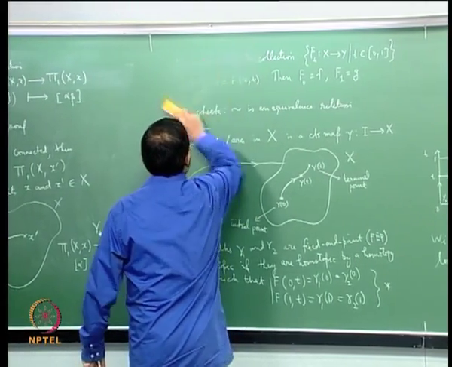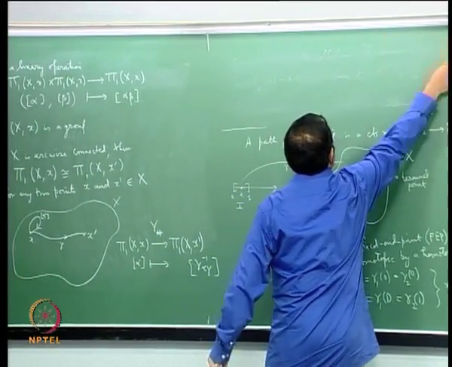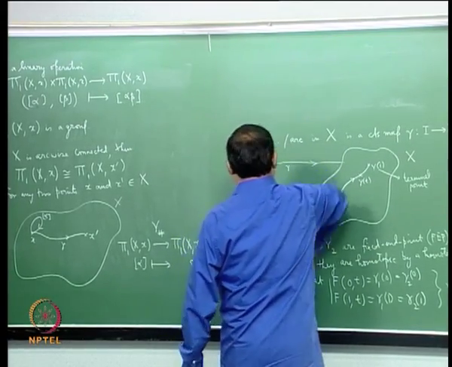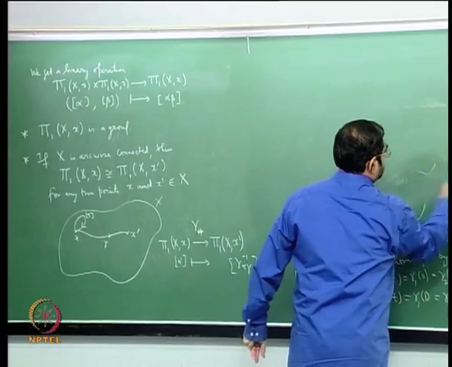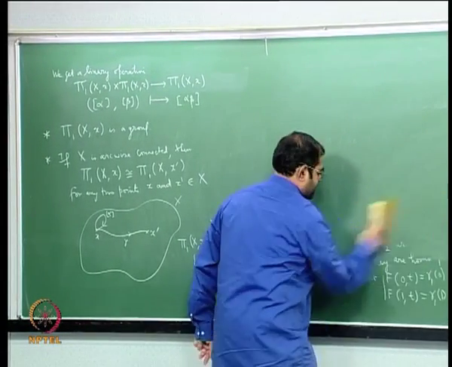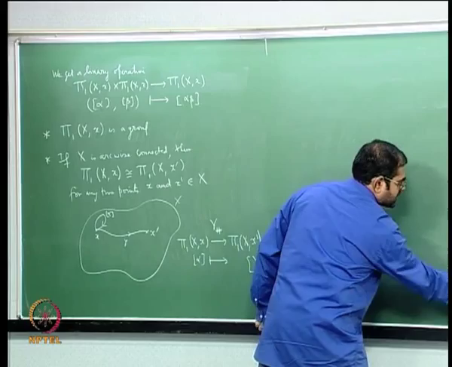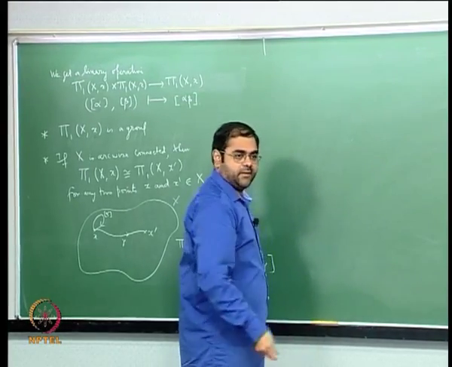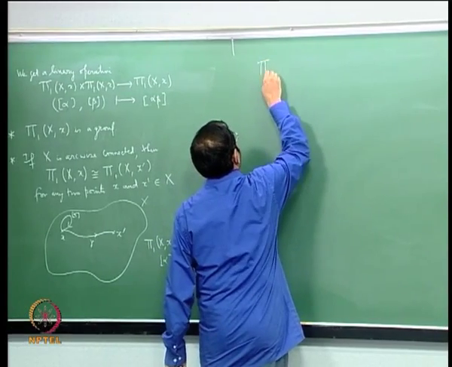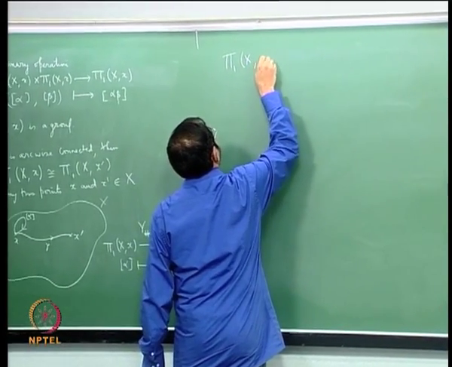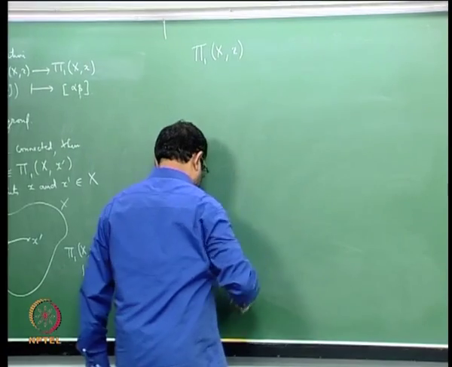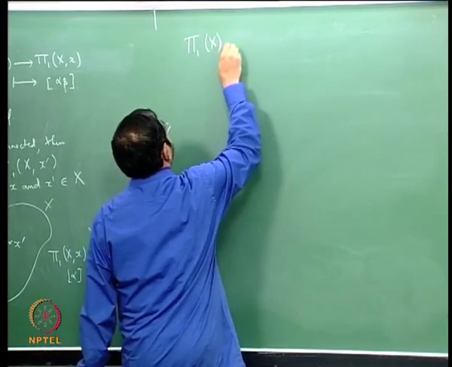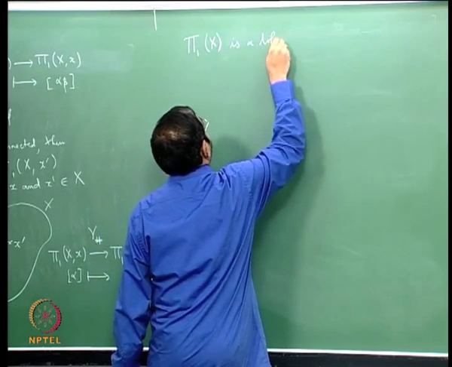Now why is the fundamental group so important? As I told you, it is important because it helps you to distinguish between topological spaces, and that is because it is what is called a topological invariant. So pi1 of X, let me simply write pi1 of X, is a topological invariant.